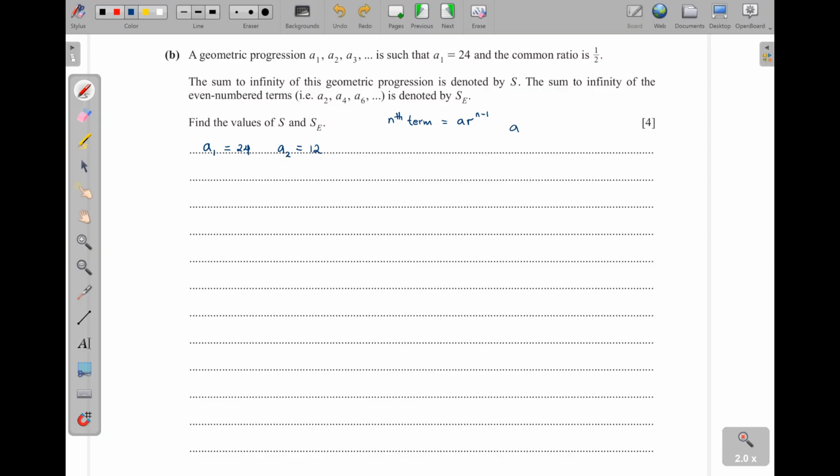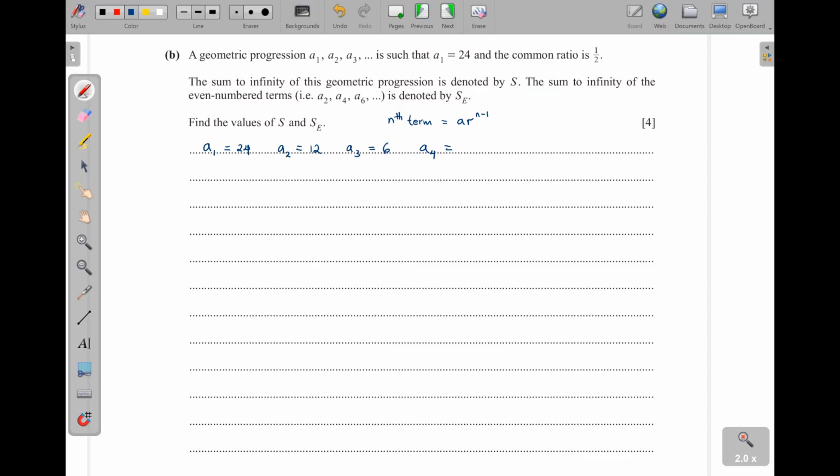So, you just multiply all through by R. So, to get the second term, I'll get the first term, then times the common ratio. So, 24 times a half, you get the 12. And then now the third term, that is A3, is going to be this one here times a half, which gives us 6.